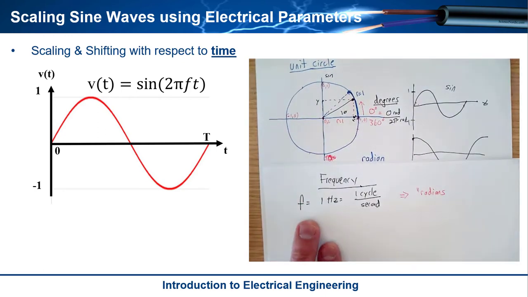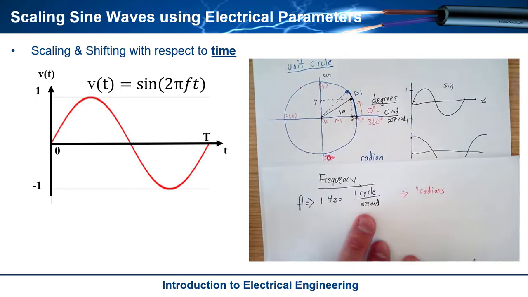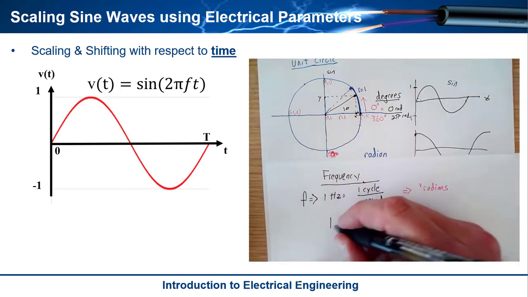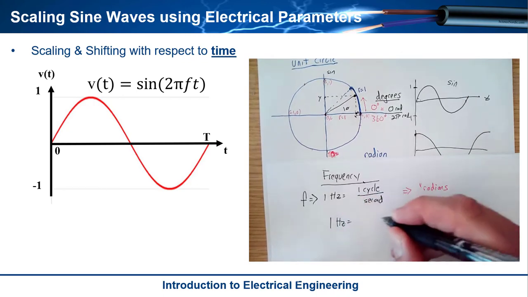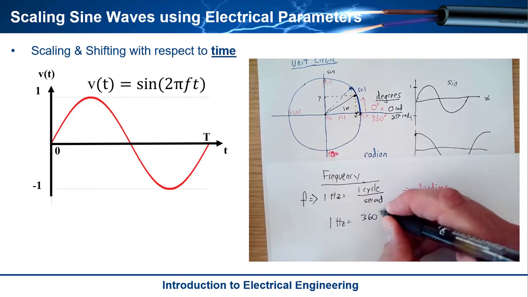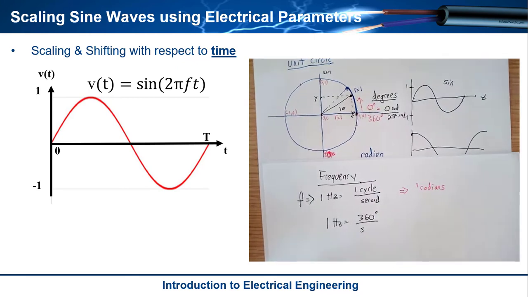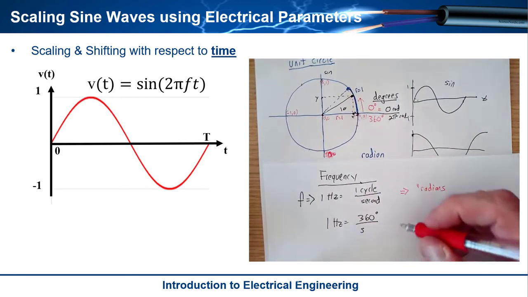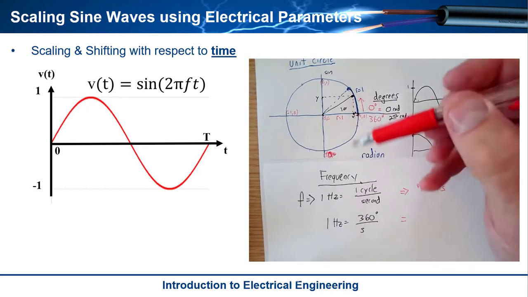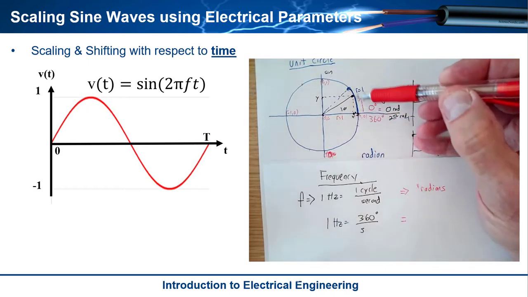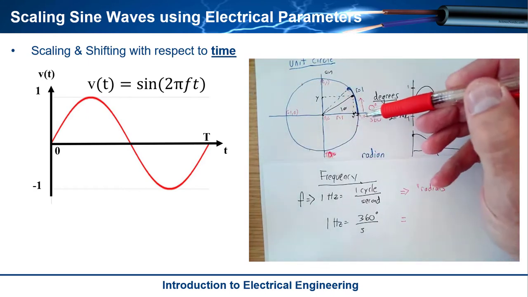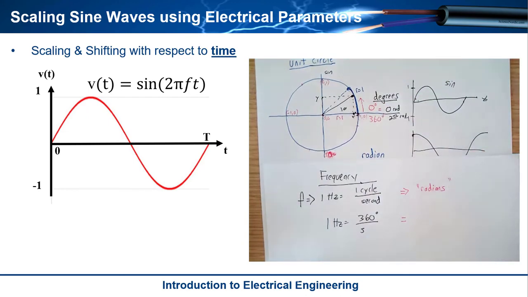We use the lowercase f to say 1 hertz, and it's defined as 1 hertz is 1 cycle per second. You could also say that 1 hertz is equal to 360 degrees per second. Well then in radians, what do you do there? If we equated these things together, you would have to complete 1 cycle in 1 second, which means in terms of radians, that's 2 pi per second.